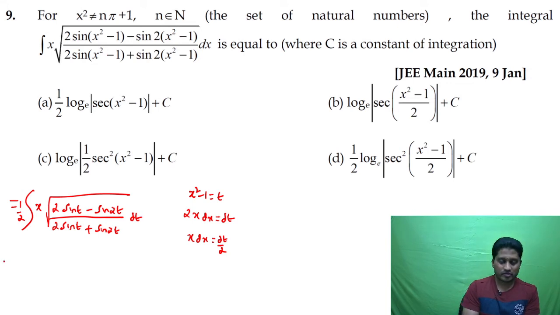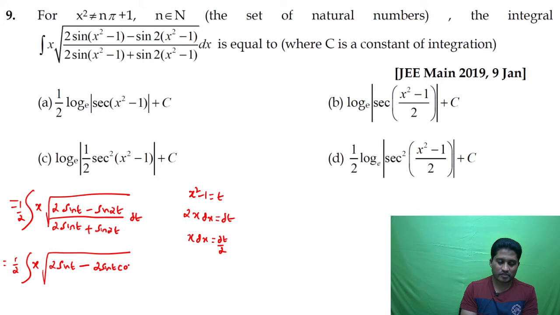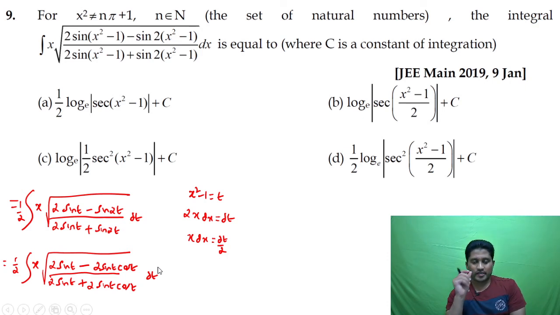Now this is equal to half of integration of root of 2 into sin t minus, if I use the double angle formula, sin 2x will be equal to 2 sin x cos x, this is 2 sin t into cos t, upon sin t, and sin 2t can be written as 2 sin t into cos t, and then dt. 2 sin t is common in the numerator, 2 sin t common in the denominator, take common and cancel.